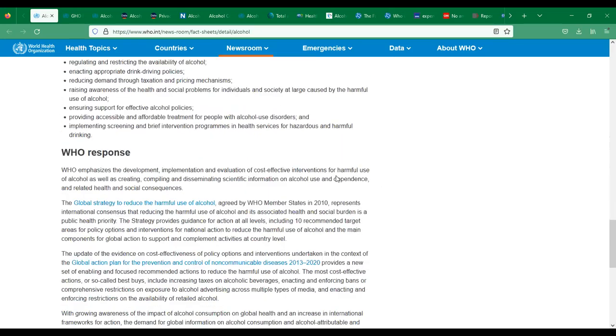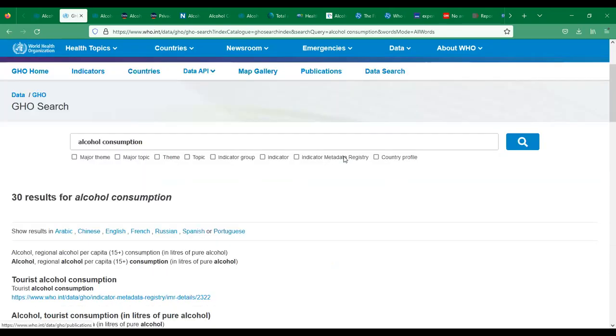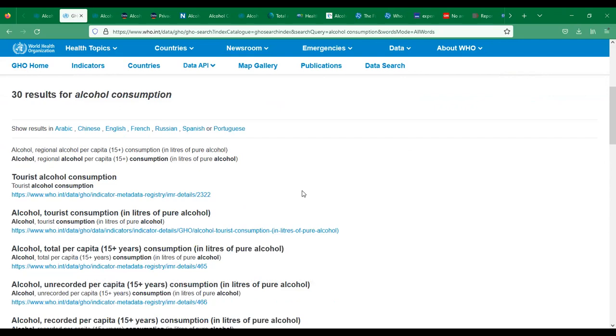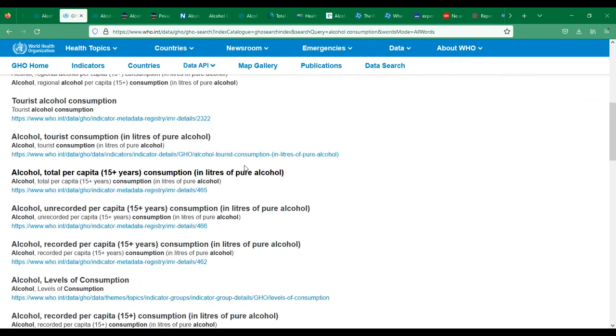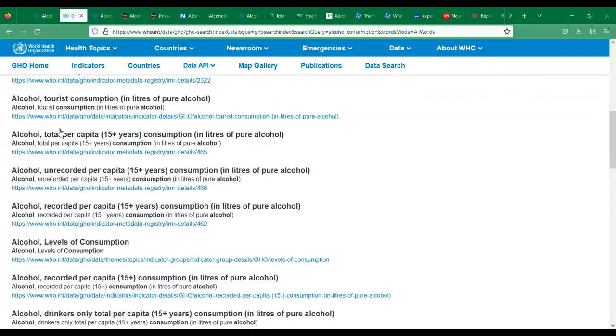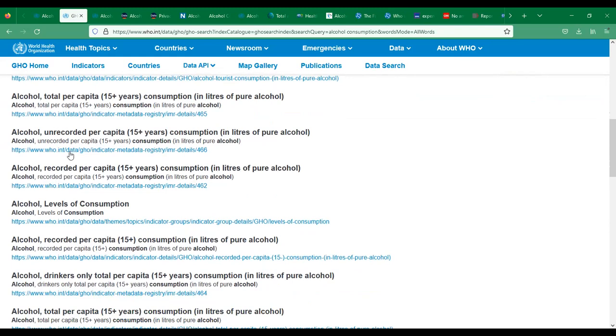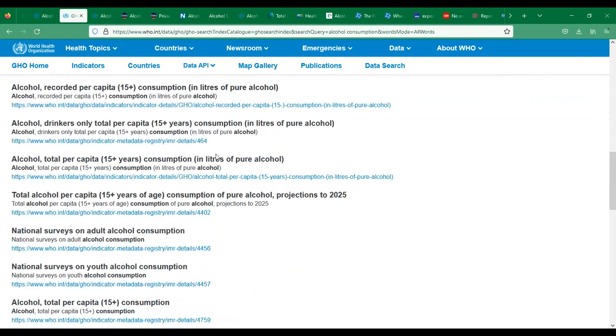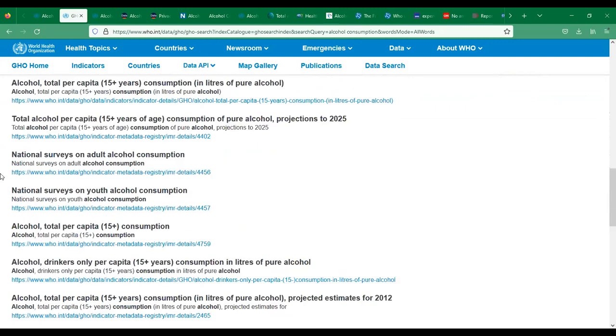Okay, so in terms of data, if you search the database of the World Health Organization, you'll find many series of data: total alcohol per capita consumption, recorded per capita consumption, levels of consumption, recorded per capita consumption for alcohol drinkers only, and national surveys on adult alcohol consumption.